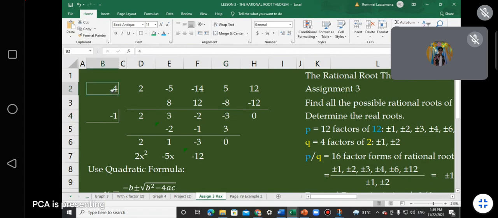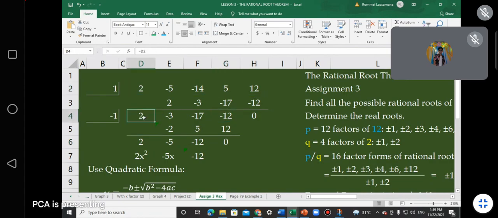If you try negative 1, again you go back to 2 and 12, 12 and 2. Likewise with 1, it's telling you. If you try negative 1, again it's negative 12 and 2. See the repetitions of the P and the Q. There's a pattern, really.